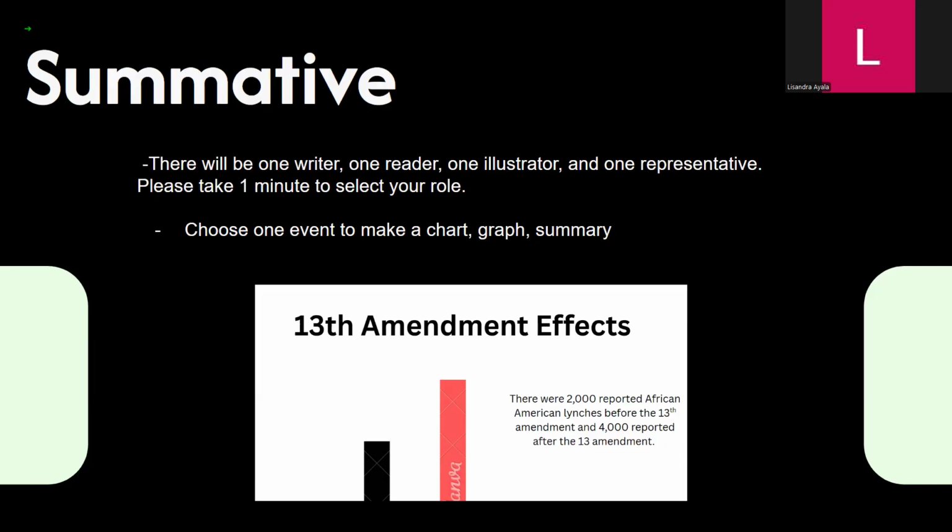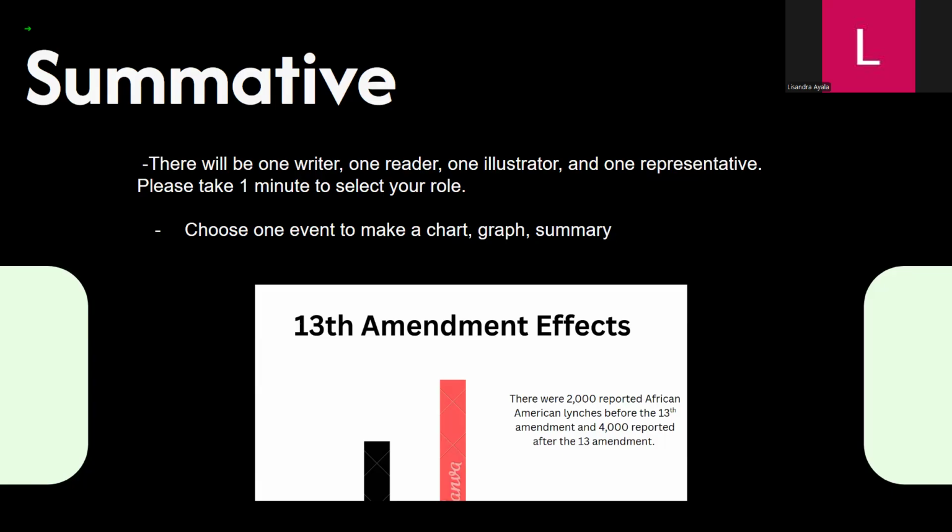For example, one I chose is the 13th Amendment effects. There were 2,000 reported African American lynchings before the 13th Amendment, and then 4,000 after it was passed. The lynchings doubled, sadly.